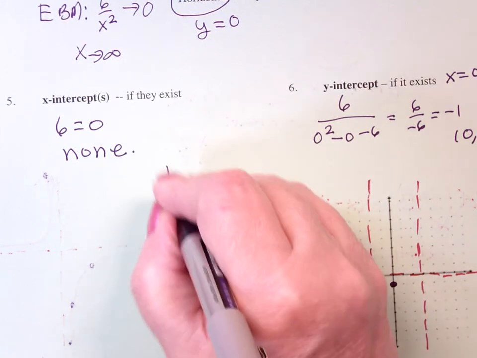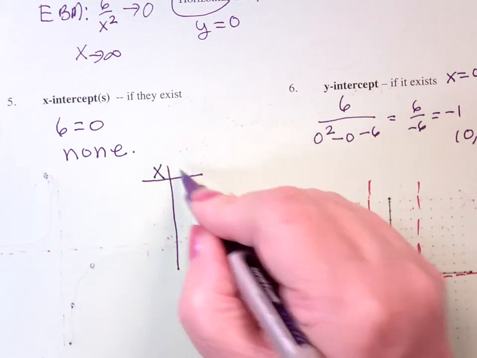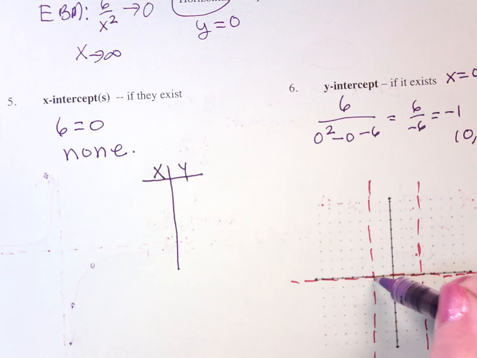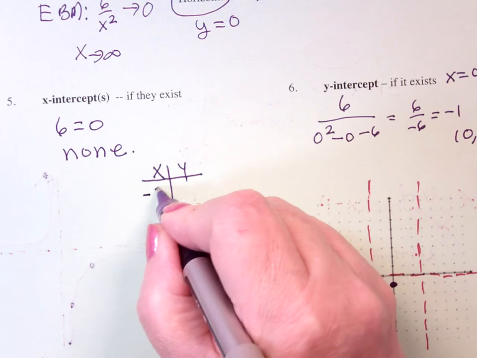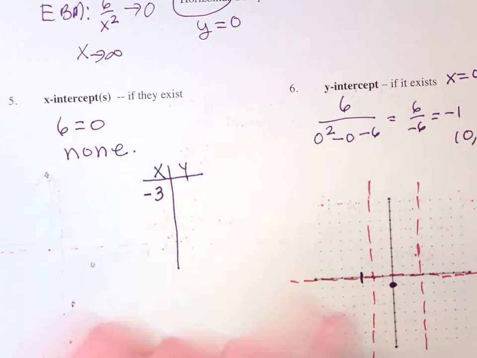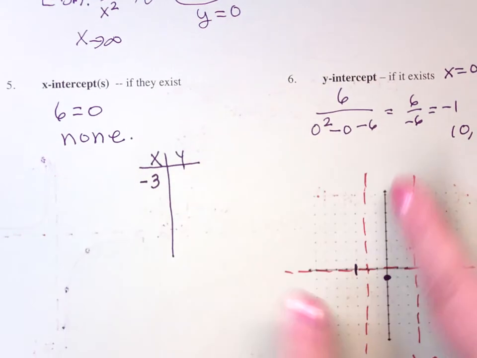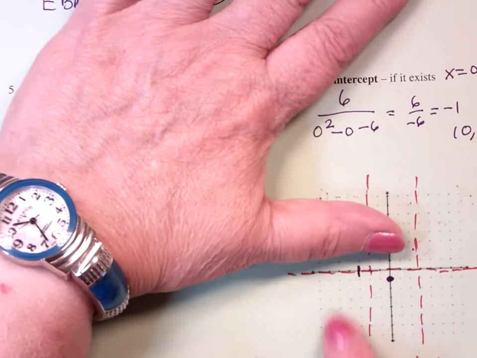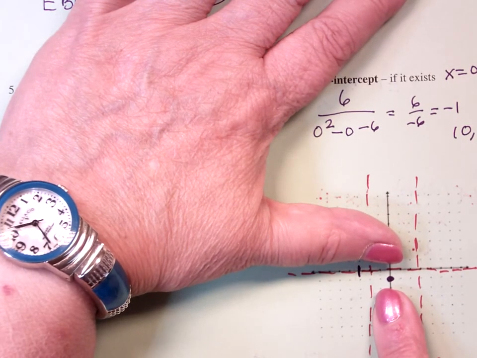So now I'm going to need a T-bar chart. And I look at my graph and I said I need to know where it is on the left-hand side, so I'm going to pick an x value of negative 3. Now what's that going to do? If my coordinate point is up here, then the graph is in that quadrant. If my coordinate point is here, then the graph is in that quadrant, because remember it looks just like the 1 VA, 1 HA.